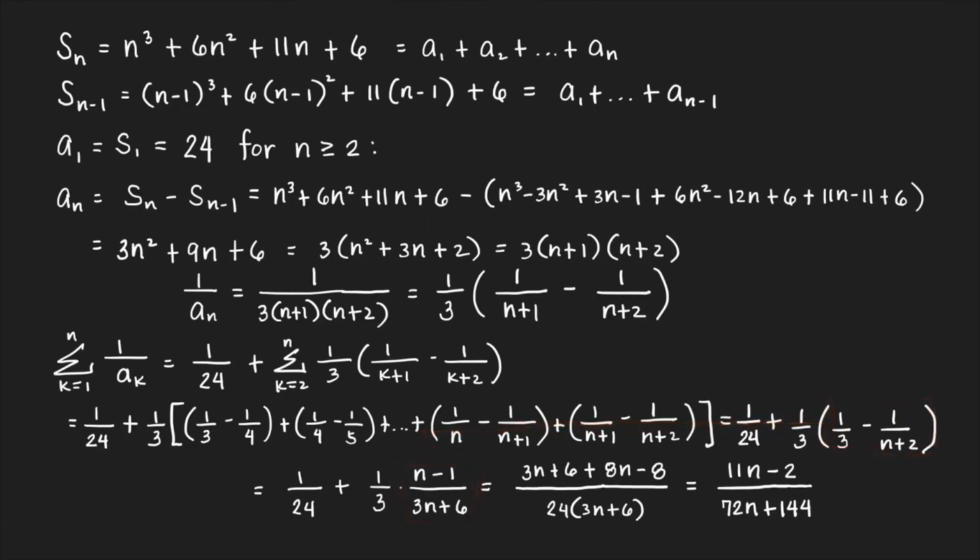Then again, combining this to a single fraction, our LCD will be 24 times 3n plus 6. So we'll get 3n plus 6, and then plus 8 times this one, which is equal to 8n minus 8. The numerator can be simplified to 11n minus 2 all over this one.